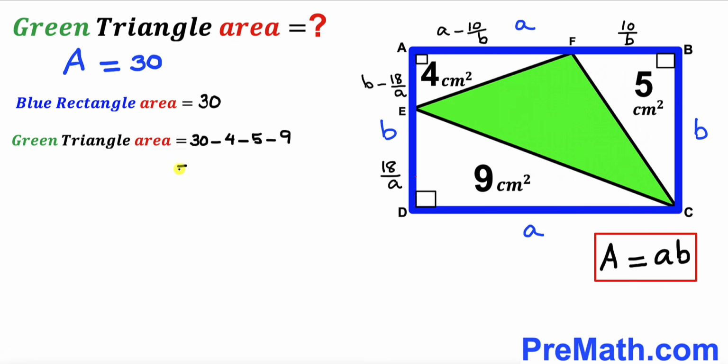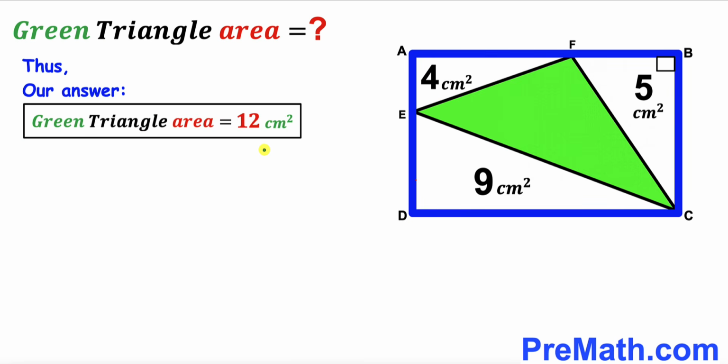So that is going to give us 30 minus 18, and that's going to be equal to 12 centimeters square, the area of this green shaded triangle. So thus, after all the calculations and manipulations, the area of this green shaded triangle turns out to be 12 centimeters square. And that's our final answer.